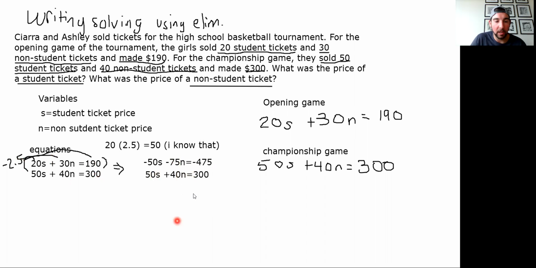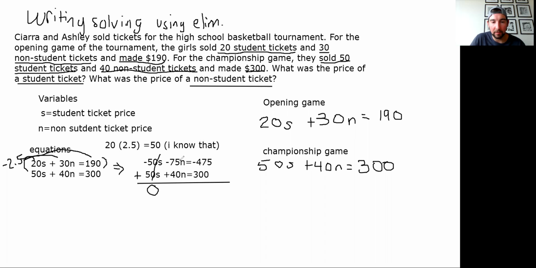Now here's where I use my elimination, because if I add these straight down, I'm going to add them straight down. So I would get negative 50s plus 50s, and that gives me 0. Those cancel.